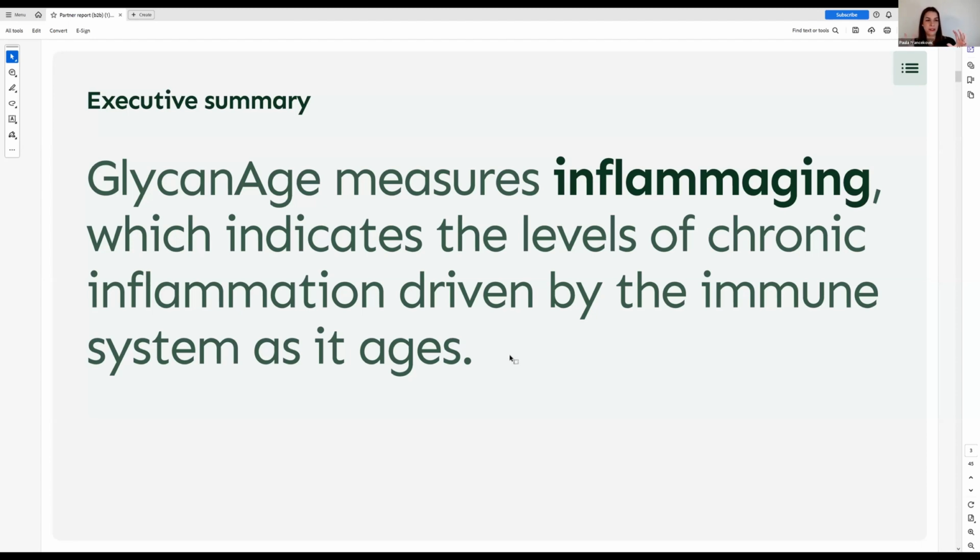Let's imagine that we have a healthy 20-year-old and a healthy 60-year-old. Because of the aging process, what we would expect to see is the healthy 60-year-old having higher levels of pro-inflammatory glycans and generally lower levels of anti-inflammatory defenses compared to the healthy 20-year-old.